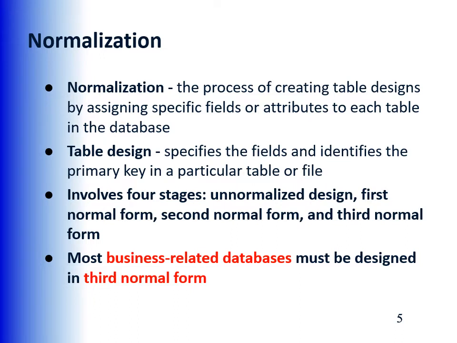The normalization process typically involves four stages, which are unnormalized design, first normal form, second normal form, and third normal form.